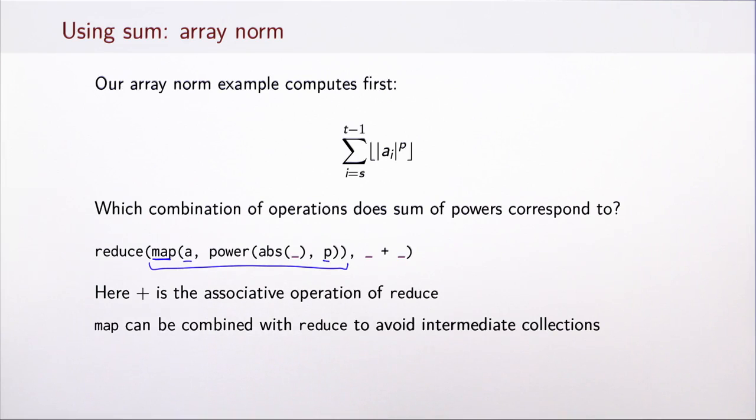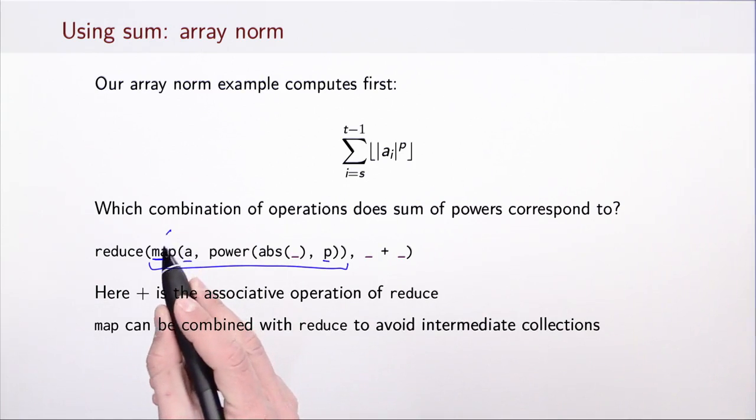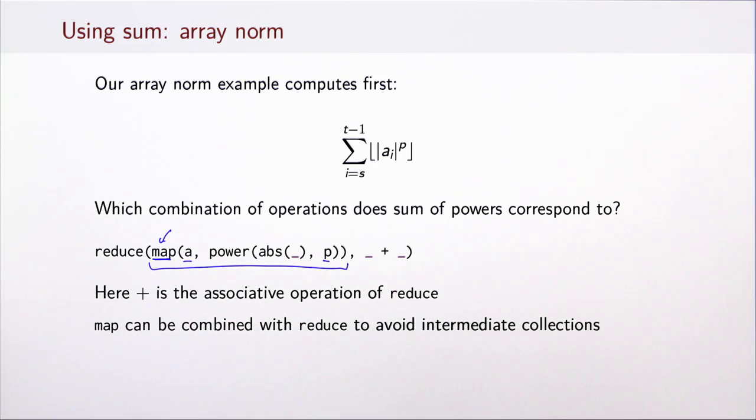You may recall from our implementation of array norm that we only had one traversal of the array, and this is because this map can in fact be combined with reduce. Because map simply applies a given function to every array element, we can apply that same function at the point where reduce would retrieve the elements from the array.